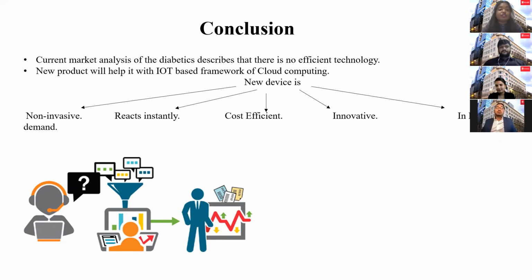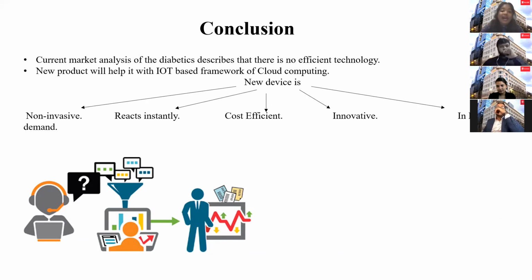Coming to the conclusion, here we conclude by saying that right now the Australian government market analysis is not so efficient for a longer time in the health market. That is the reason we have created a new product device, the home diabetic manager, which is efficient for the customers to use. This is a non-invasive one, which gives instant feedback, a great innovative product with low cost.